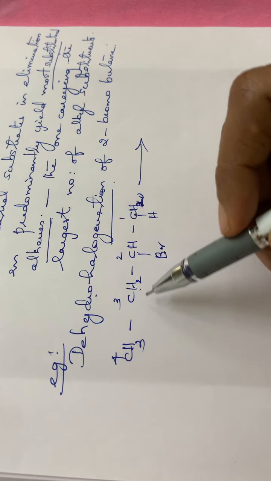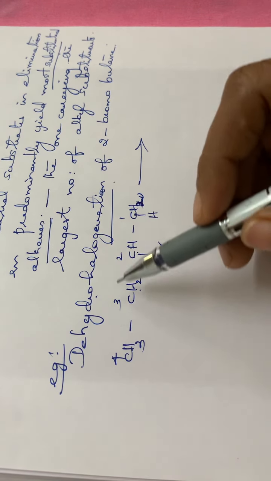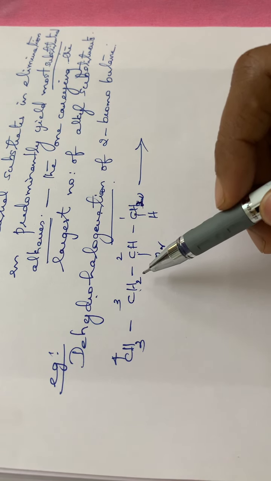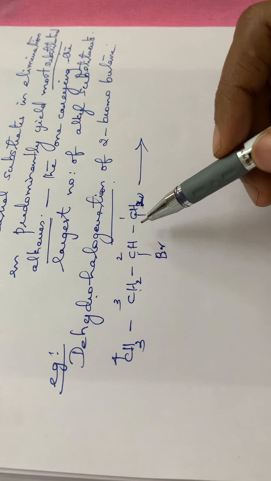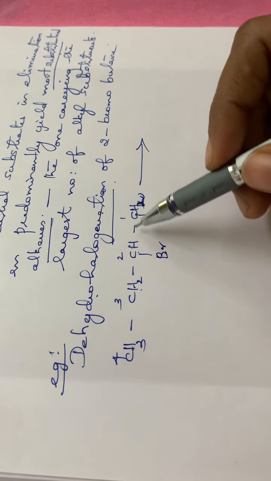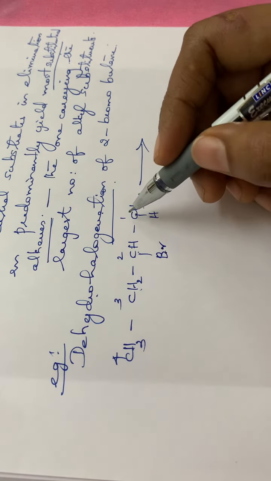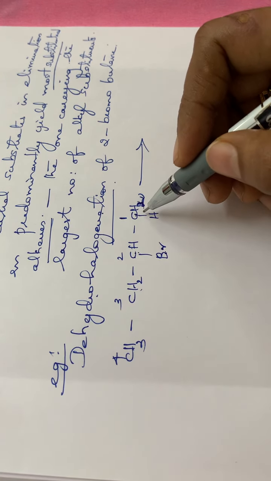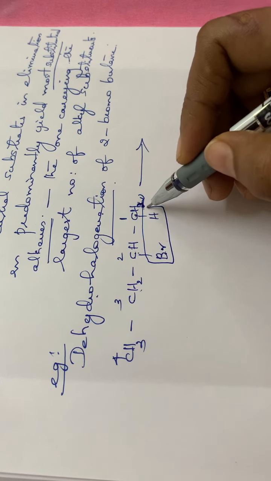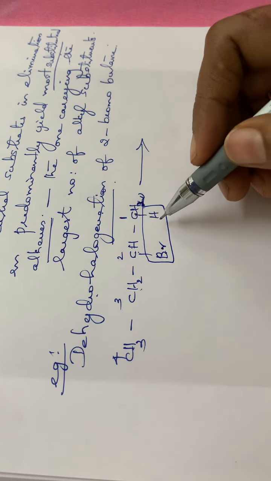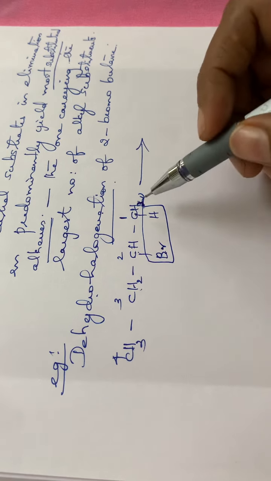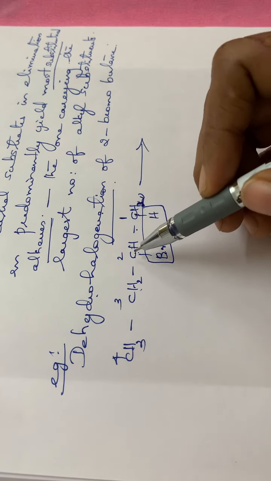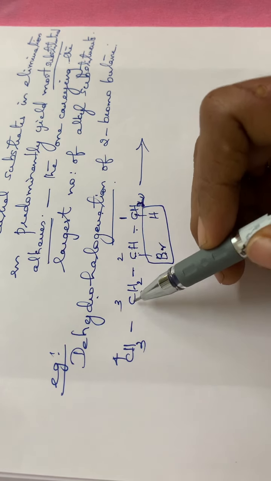Zaitsev's rule is applied to neutral substrates. This is a neutral substrate which does not have any charges, so in this substrate the product will be the most substituted alkene. I am writing the products in these two cases. If I eliminate HBr from the first and second carbon atoms, the product will be CH2 double bond CH single bond CH2 CH3.